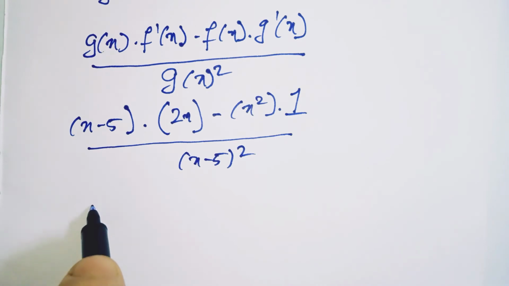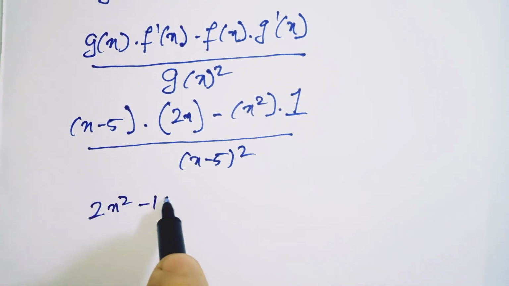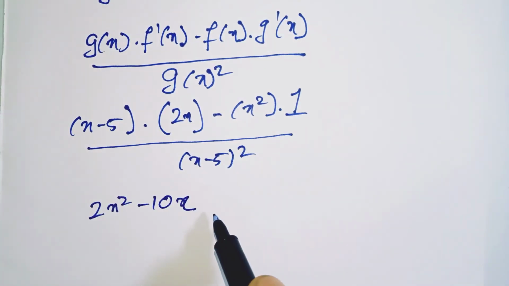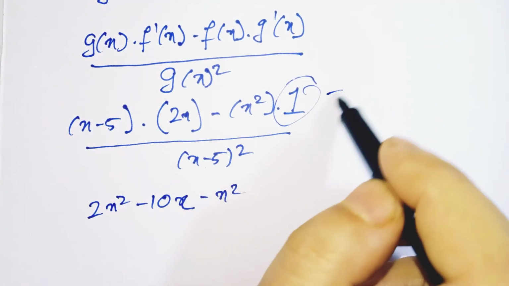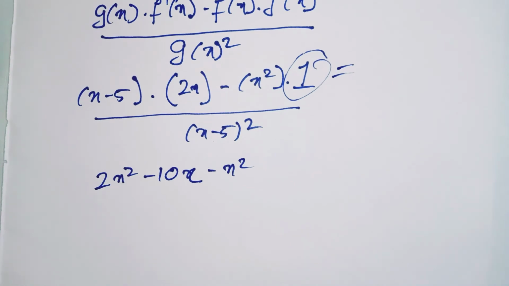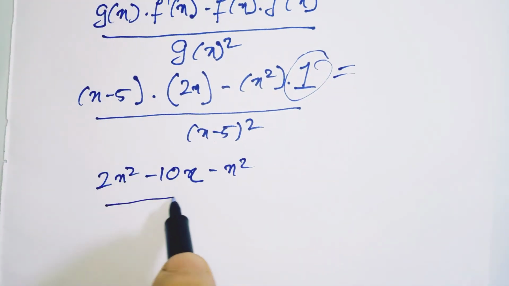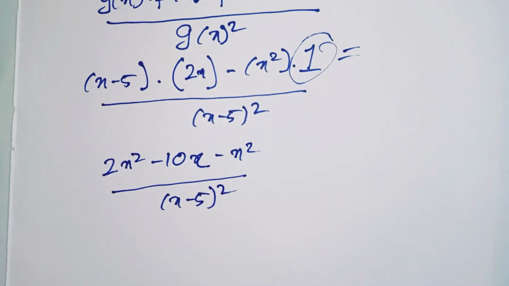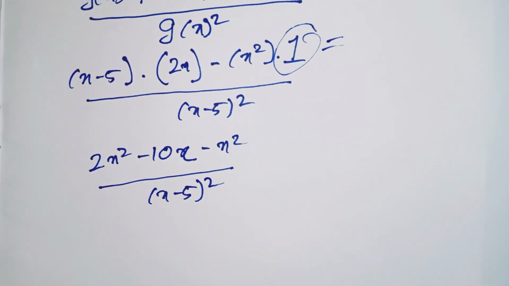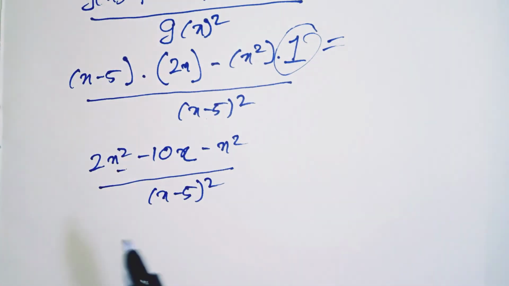This would be 2x squared minus 10x, and this would be x squared. So we can omit this part. This is not required. And then we can write the x minus 5 whole squared. We can leave as it is, right? Or we can further solve it. So this one, this and this gets computed.